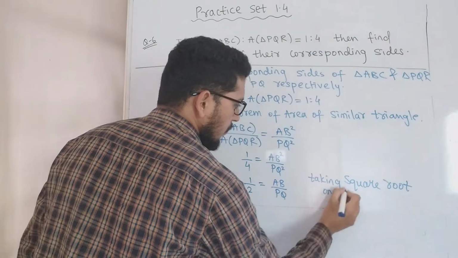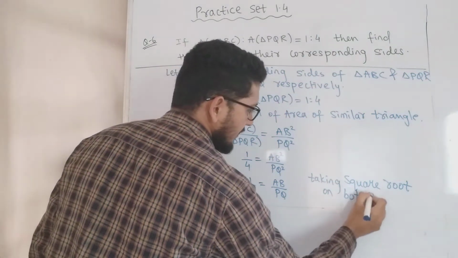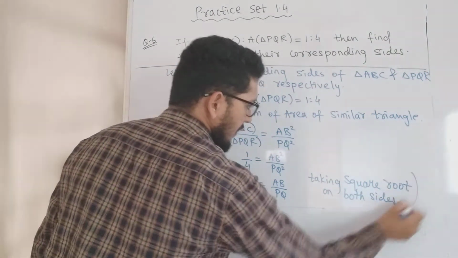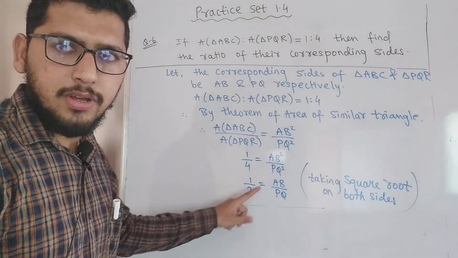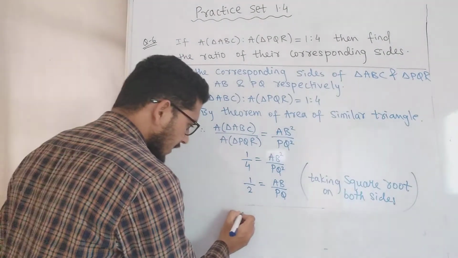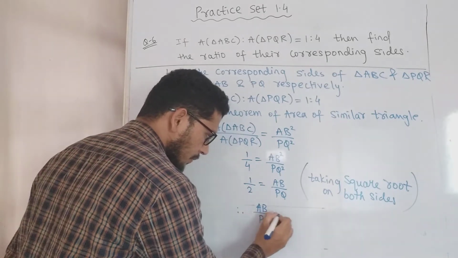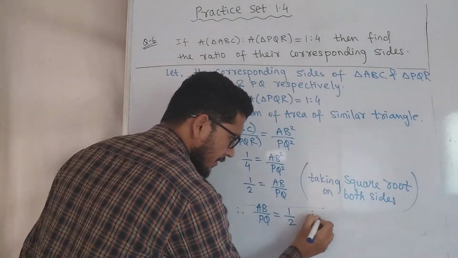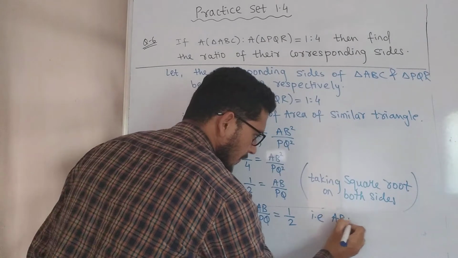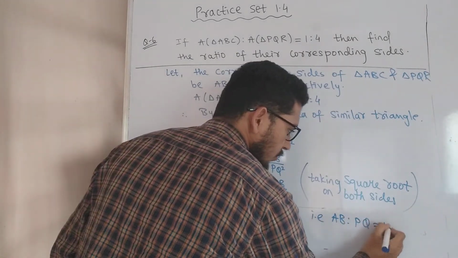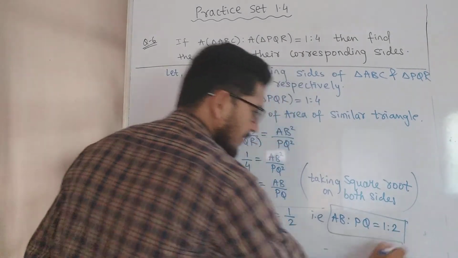After that 1 upon 2 is equal to AB upon PQ. Therefore the ratio AB upon PQ is equal to 1 upon 2, that is AB is to PQ is equal to 1:2. This is the answer.